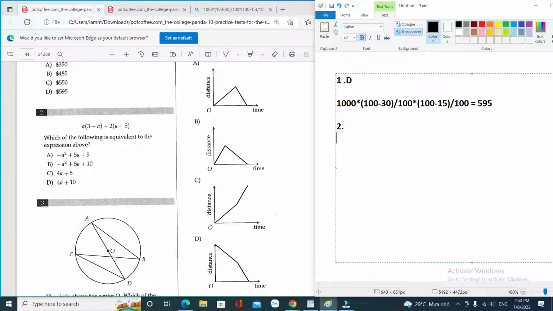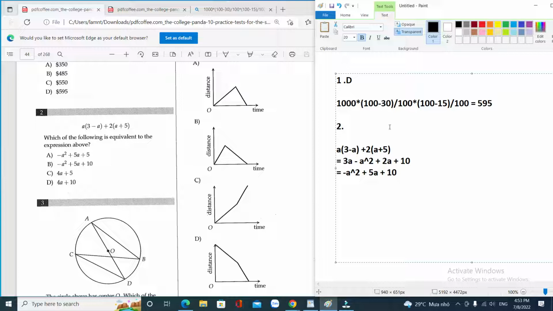Okay, so a times 3 minus a, plus 2 times a plus 5. So that's 3a minus a squared, plus 2a, plus 2 times 5 is 10. So minus a squared plus 5a plus 10.